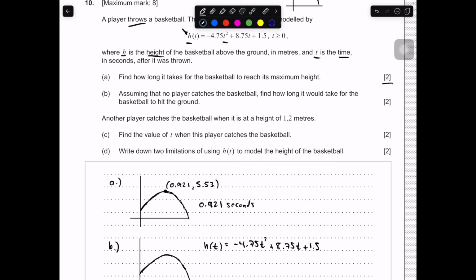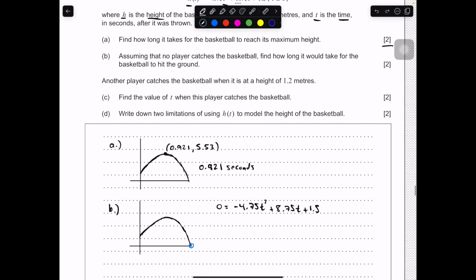We can just ask, okay, if h is equal to 0, what is the value of t that makes this true? And then you could essentially just nSolve this for t.